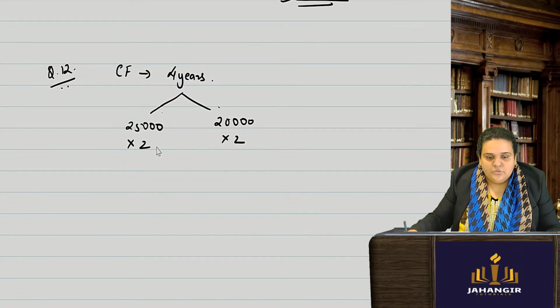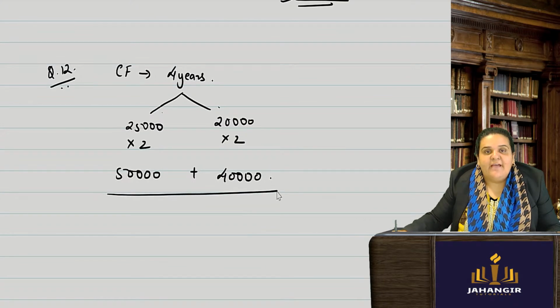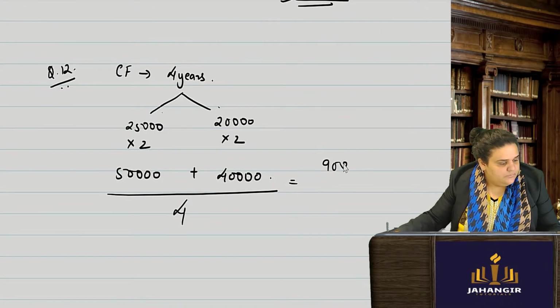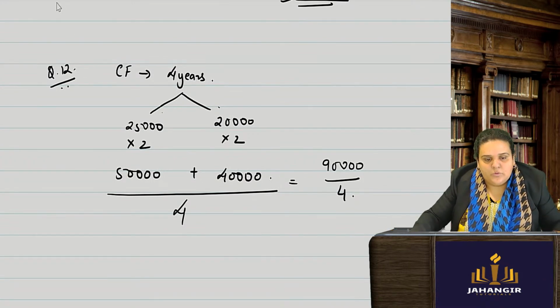So this is going to be 50,000 plus 40,000, and you have to get an average of it. So divide by 4 years. So 90,000 divide by 4.